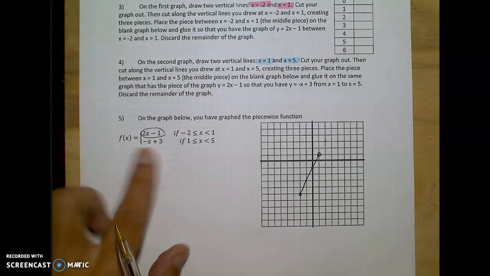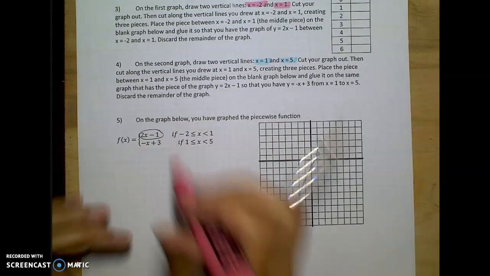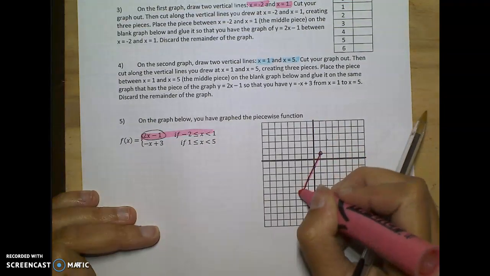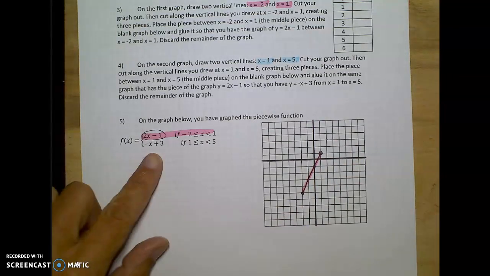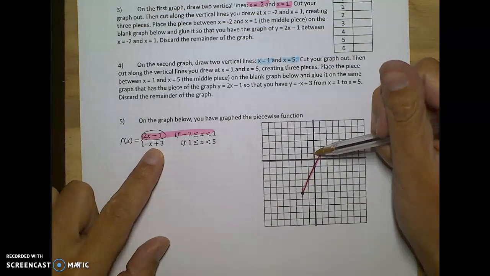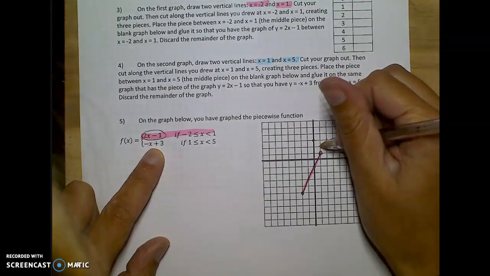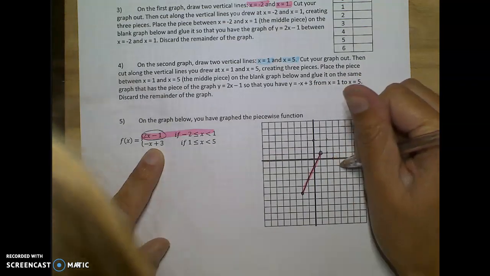Then, this function also has this part. So this is the pink graph, which we did everywhere else. The second part down here, I could go graph this. It's got a y-intercept of 3, and then a slope of down 1 over 1, right 1, sorry. So I could do that a couple of times.